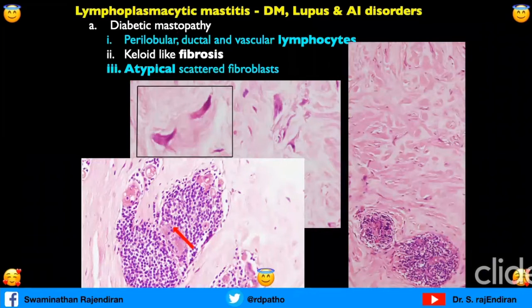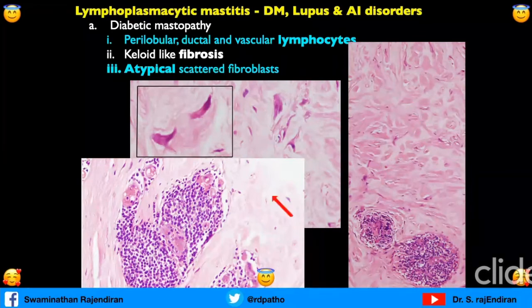The lymphoplasmacytic mastitis, which is underdiagnosed in our country, I hope you all will look for specifically, see the lobules. The age of the patient is not the reproductive age group, because the intralobular stroma and interlobular stroma are more or less the same. You see lymphocytic infiltration in the lobules, and in the stroma you see keloid-like collagen.